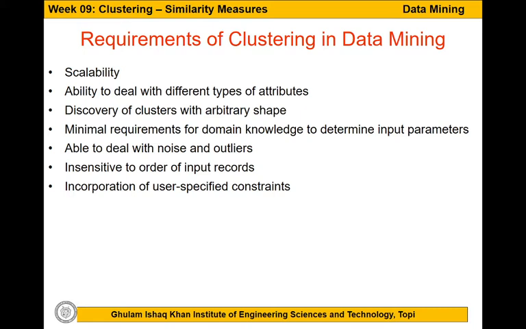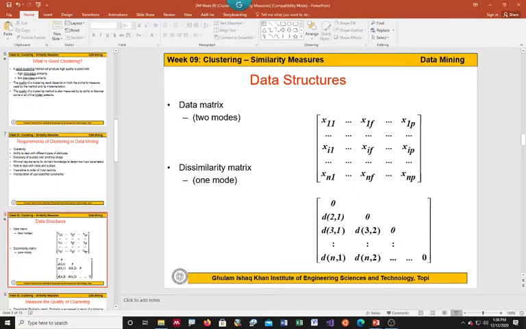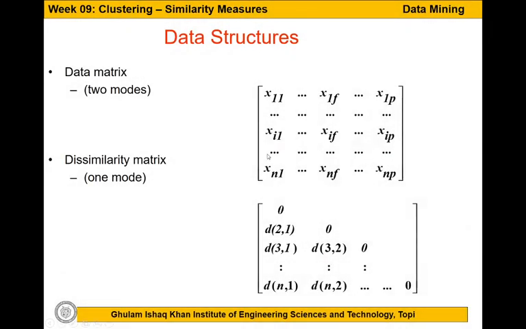So last time I was talking about the different requirements and expectations which we have from the clustering algorithms, but today our focus will be more on the distance measure and the data type of the data which we have.